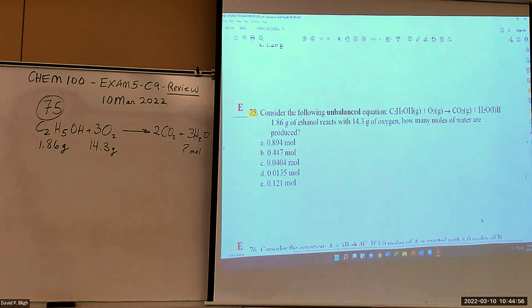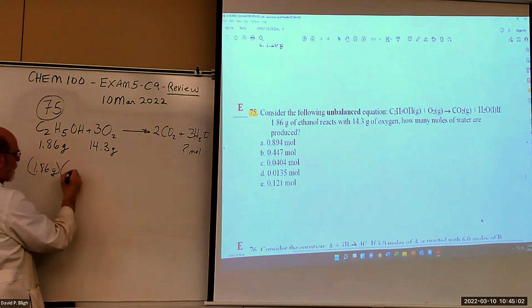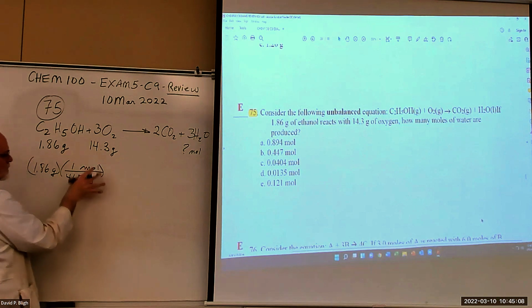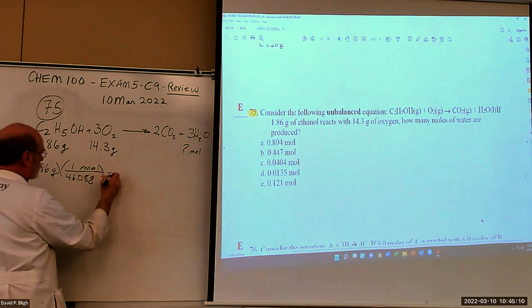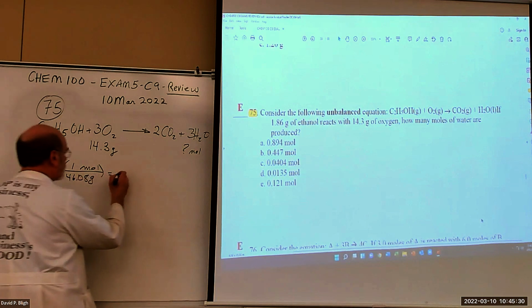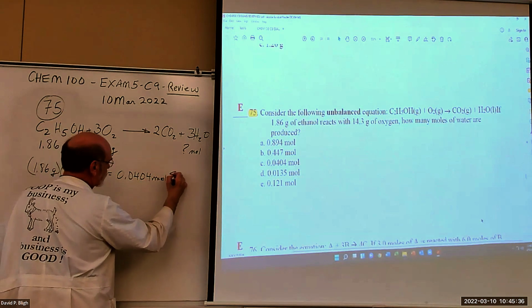1.86 grams, 46.08 grams per mole is the molar mass of ethanol. So let's put it in standard notation. 0.0404 moles of ethanol.